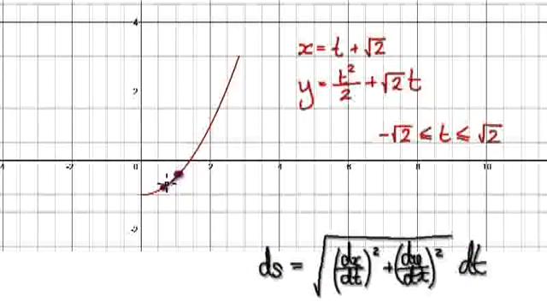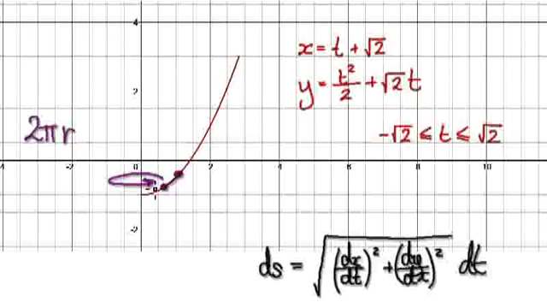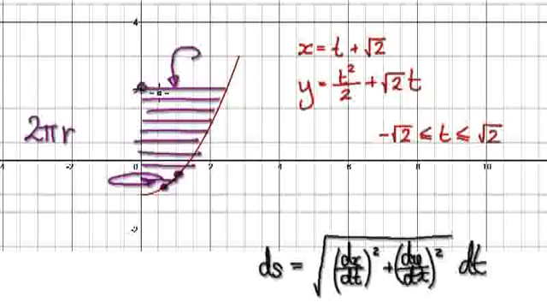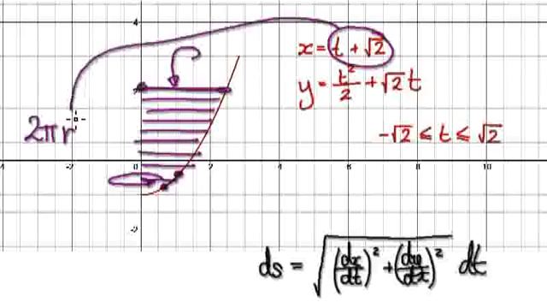Once you've got that, you would need to revolve it 360 degrees, so you would need to multiply it by the circumference of the circle, 2 pi r. But r in this case is really the radius as time is moving along. The distance here is given by this, so you've got to put this into the r here.